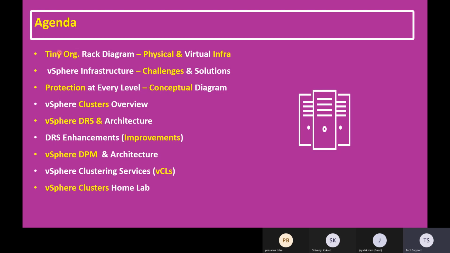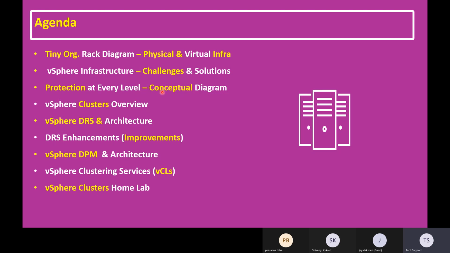I took one organization example, and I will show you what the rack diagram looks like and how we are going to manage the physical and virtual infrastructure. Then we'll look at the main challenges in vSphere infrastructure and the solutions for those challenges, and protection at every level. Every level means every vSphere infrastructure layer, and I will show you a conceptual diagram. This diagram will help us understand the importance of all these cluster features.